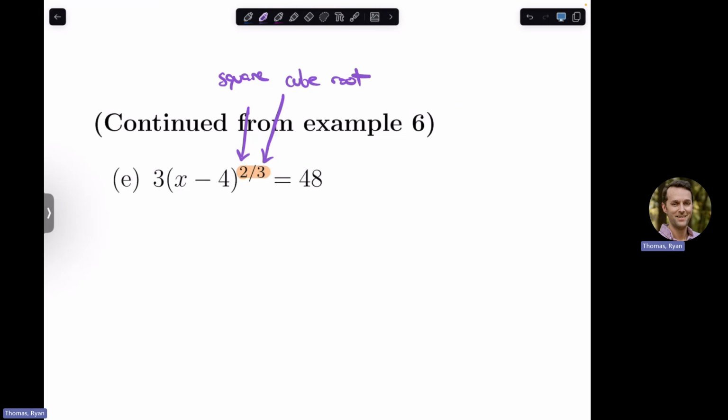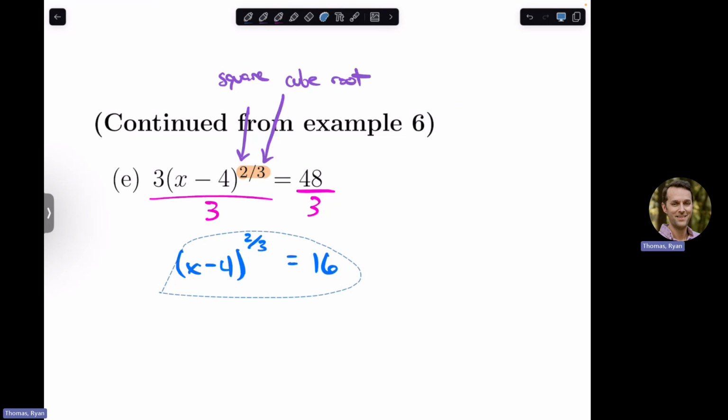So how would you rewrite this then? Okay, we can definitely move the 3 over, and that's a good place to start, right? Just get it out of the way. X minus 4 to the 2/3 is 16 then, right? It never hurts to isolate the messy part if we can, and generally it's if not essential then important.